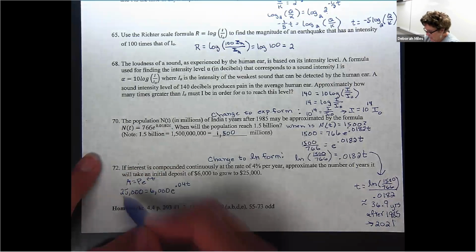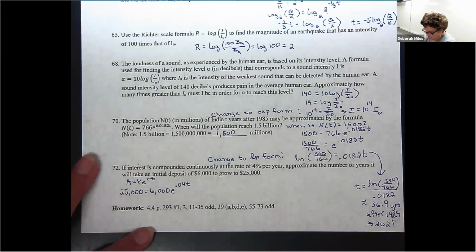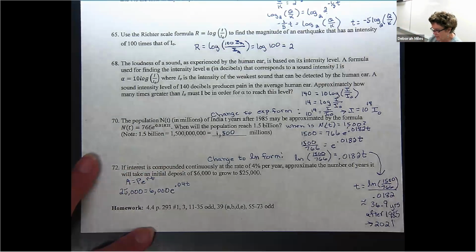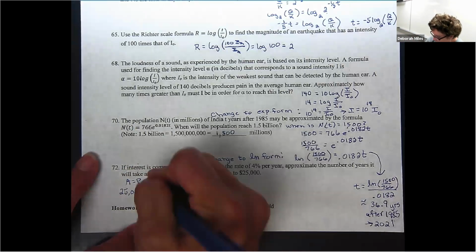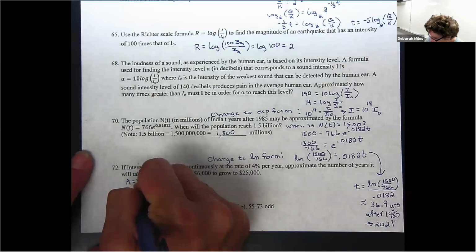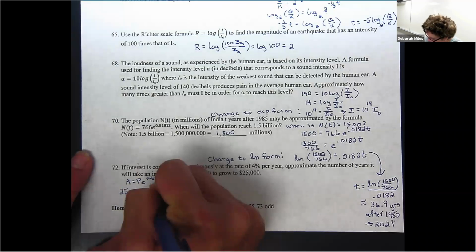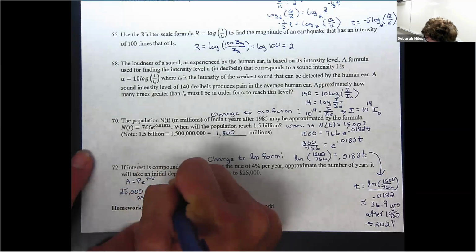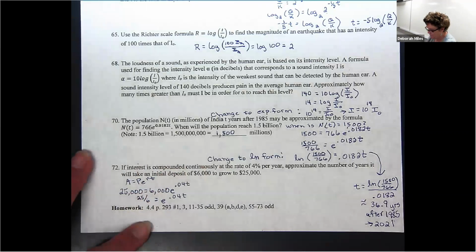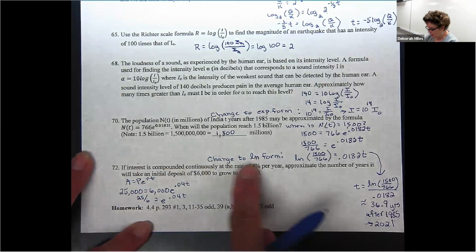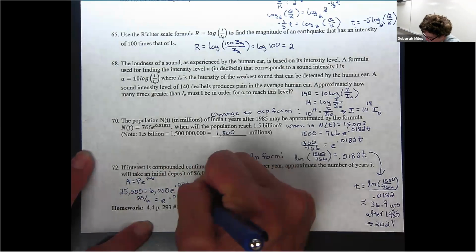So divide both sides by 6,000. I could reduce both numerator and denominator by 1,000 and just have 25/6 equals e to the 0.04t. And just like I did on number 70, change it to logarithmic form.